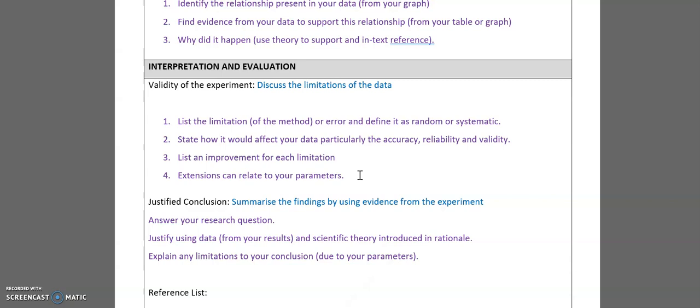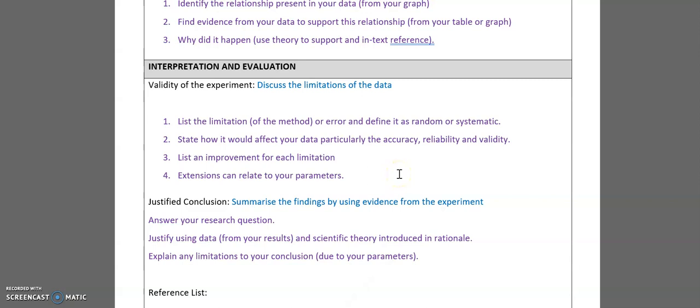So you could say, all right, I know what relationship exists between 20 and 40 degrees, but does this same relationship exist if I go up to 60 degrees or if I go down to 0 degrees? That way you're just expanding your knowledge on how temperature affects the rate of reaction. Like, does it still continue at the same rate? So that would be my suggestion for the limitation section.